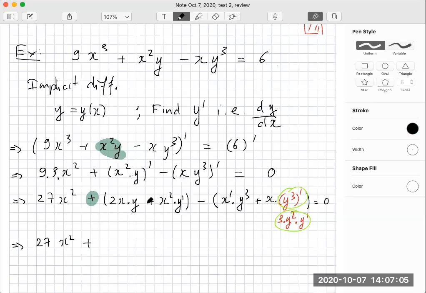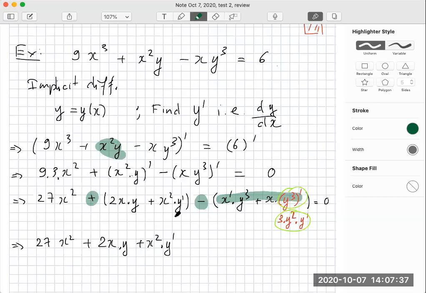Just write down everything inside, which is 2xy plus x squared y prime, okay? But the next term is very dangerous because in front of it is a negative sign. So when you remove the parentheses, you have to change the sign of every term inside, okay?